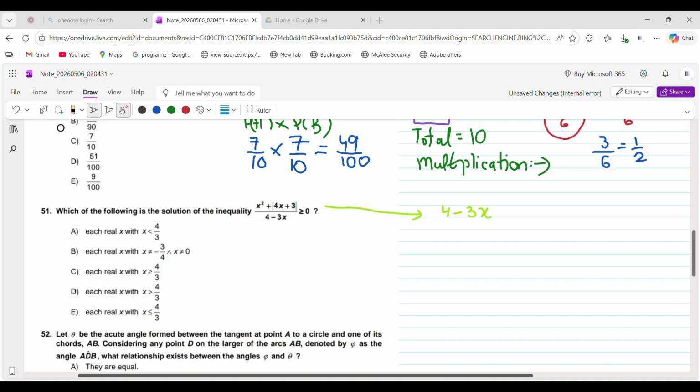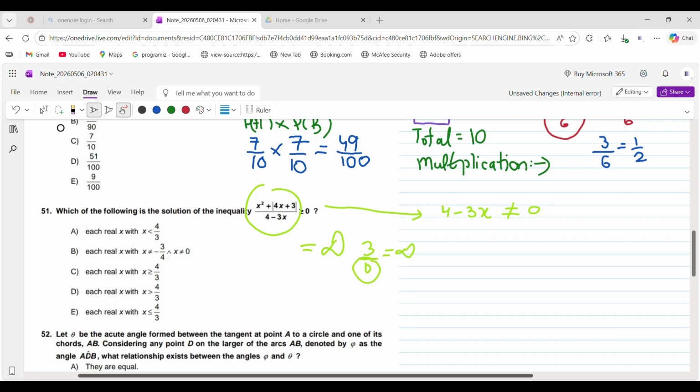I know that this entire term must not be equal to 0, because if 0 comes in the denominator, this entire thing would be equal to infinity. And we don't have to make that happen at all, because you must have heard that anything divided by nothing gives you everything.